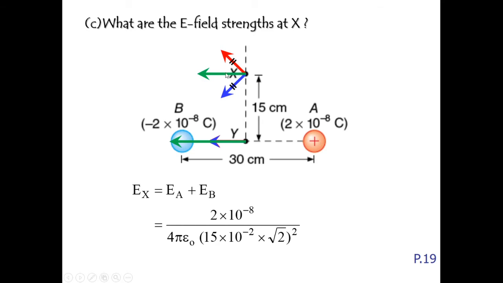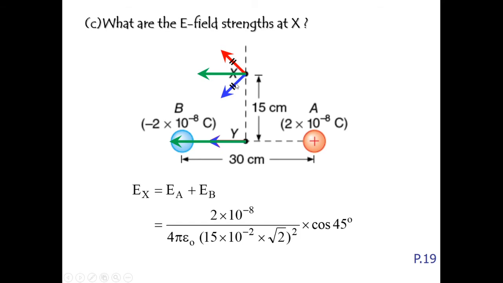The horizontal component can be found by multiplying this expression by cosine 45. So it is the horizontal component of the electric field due to the charge at A at X.